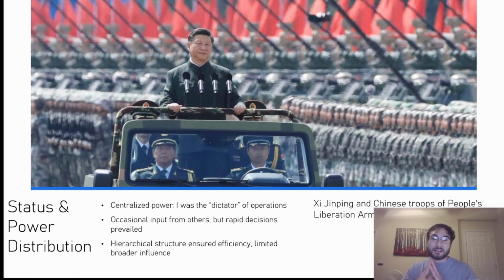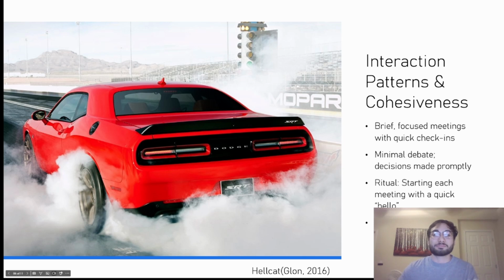Status and power distribution. Power was centralized. As the lead, I acted as the dictator of operations. While I occasionally heeded other suggestions, the hierarchy ensured rapid decisions with limited influence from others. Our interaction patterns and cohesiveness: our interactions were brief and focused.